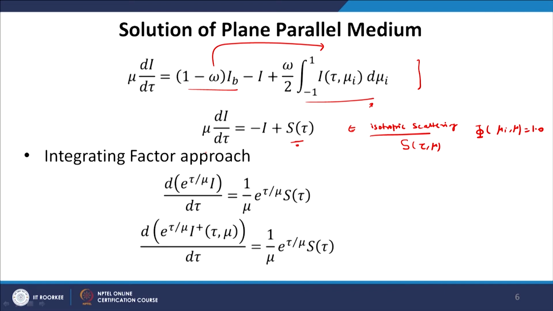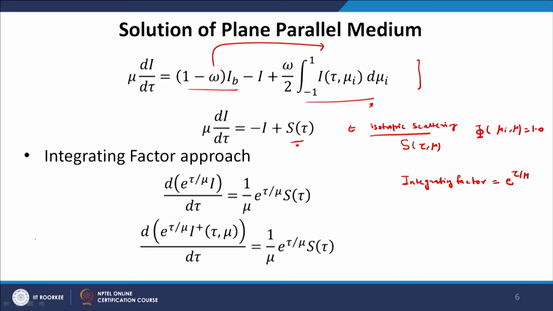Now, to solve this differential equation, we will use the approach of multiplying by the integrating factor. So, the integrating factor we have taken is equal to e power tau by mu.